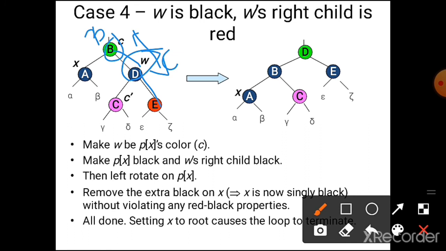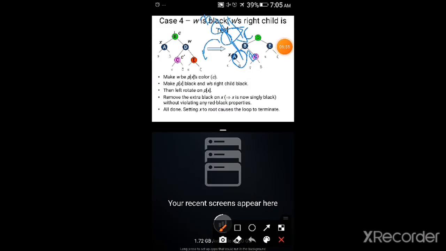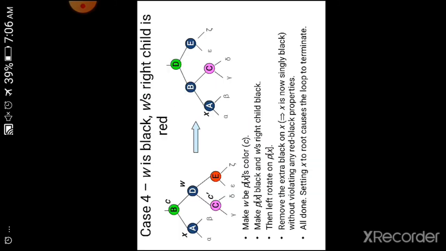And W's right child, here E, is also made black. So we are exchanging the color of W and parent of X, and changing the red color of its children to black, and performing a left rotation on this parent.